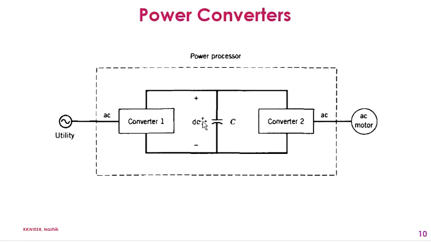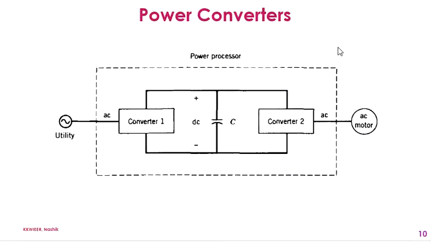It consists of two converters. The first converter, converter 1, is operating as a rectifier because it is converting line frequency AC into DC. Whereas converter 2 is operating as an inverter because it is converting DC supply into AC supply. So this is how the power converter works.